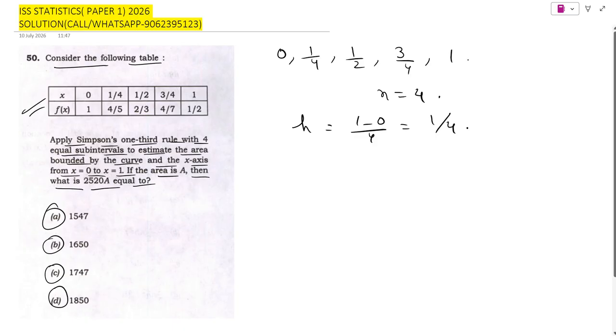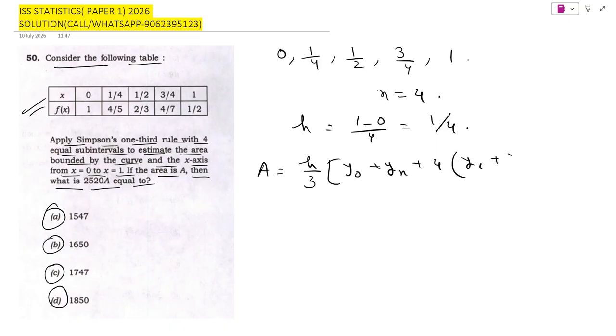Okay, so what is the formula? Notice the beautiful pattern. First and last values have coefficient 1, odd indexed values have coefficient 4, and even indexed interior values have coefficient 2.